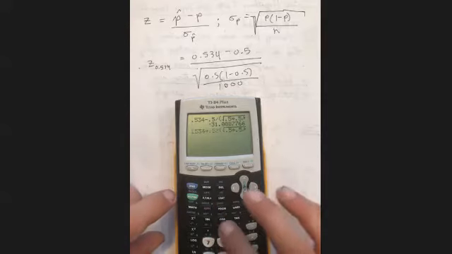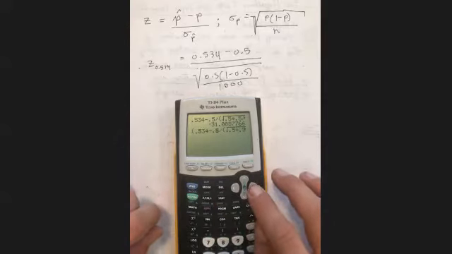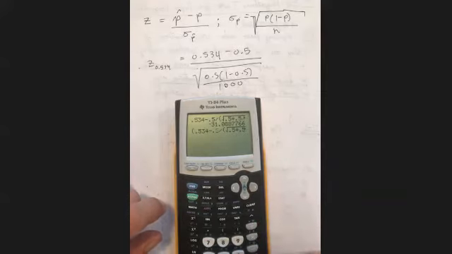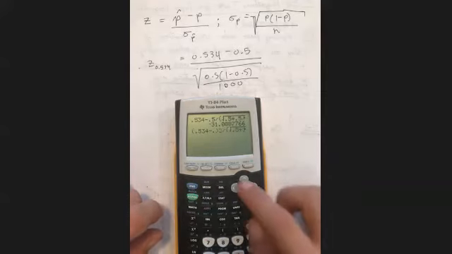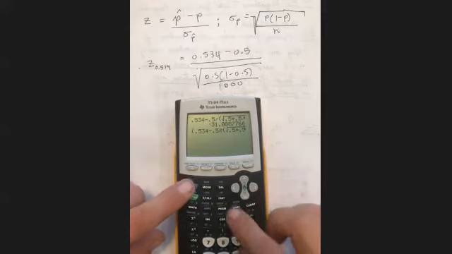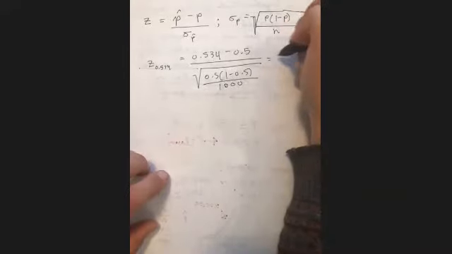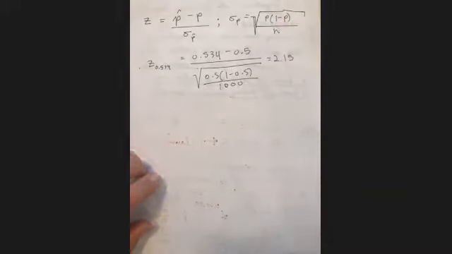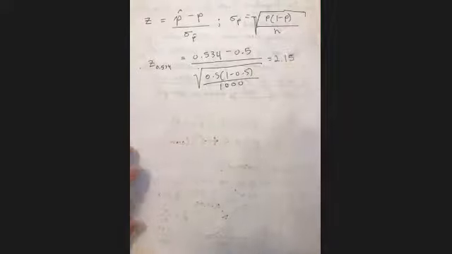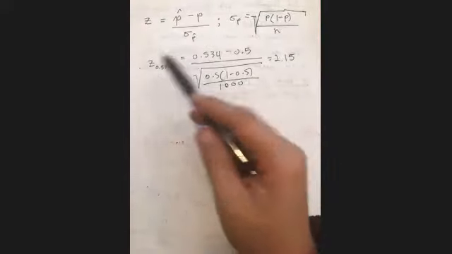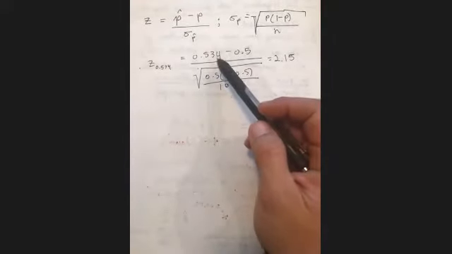I need to make sure that the numerator is in parentheses as well. There we go. 2.15. Okay, so that is the z value, the z transform for 0.534.